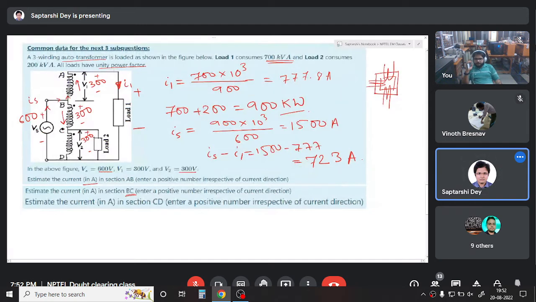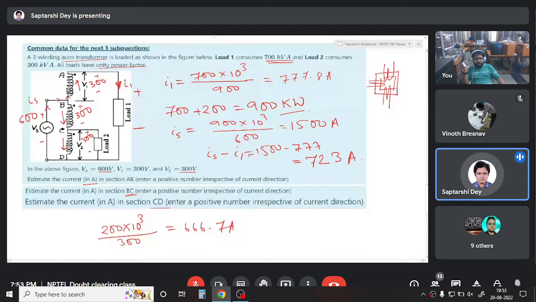Now the third part asks, estimate the current in ampere in section CD. What will be the current here? Same thing. Load 2 consumes a power of 200 kilowatt and it is operating at 300 volt. So it will be 2 by 3, should be 666, yes, 666.7.